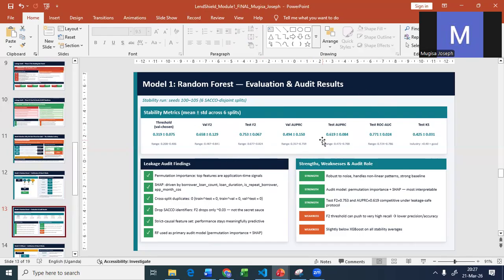Area under precision recall is like the average of precision. Then we look at the ROC area under the curve.